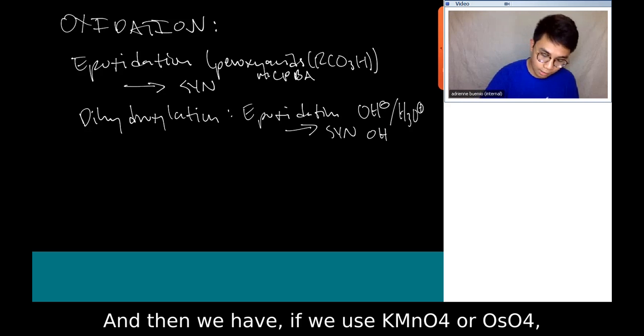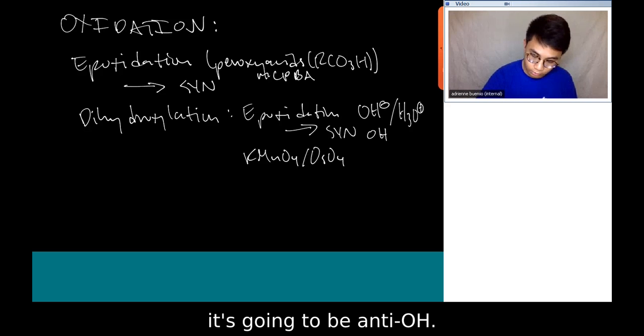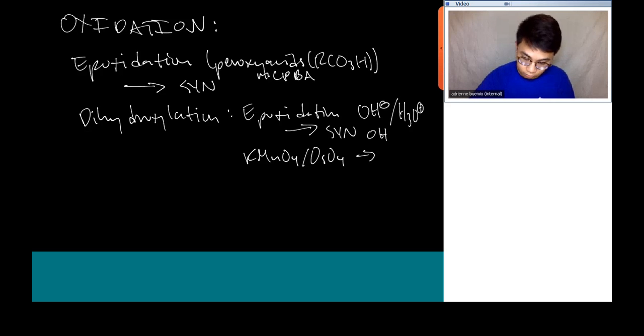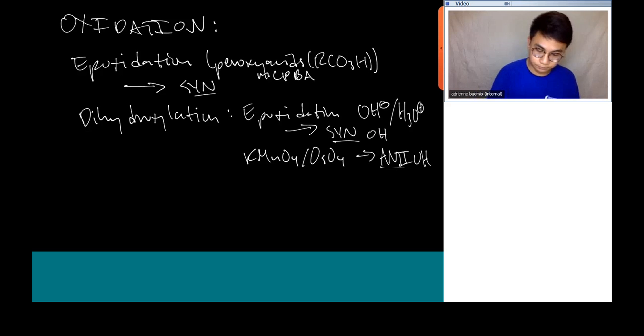And then we have, if we use KMnO4 or OsO4, it is going to be syn OH, right? Syn OH. So pay attention to that, right? Let me add this one, epoxide, just to kind of, okay.